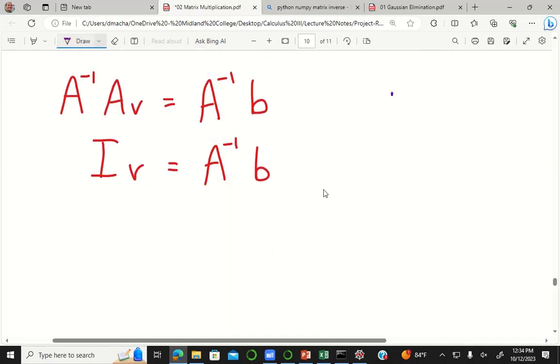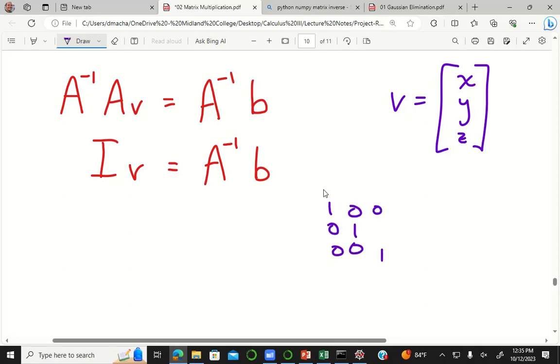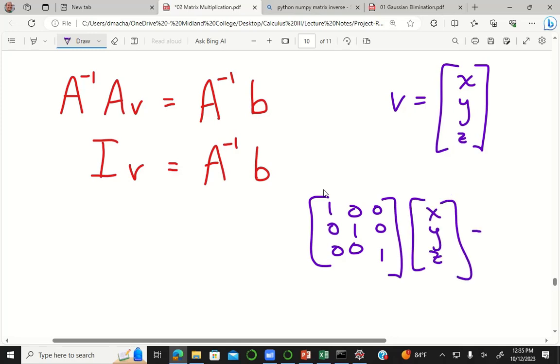Now, if we say that V is the vector xyz, and I is the identity matrix, a 3 by 3 identity matrix, then we're talking about the matrix with ones on the diagonal, times the vector xyz. This product is going to be the vector xyz, right?